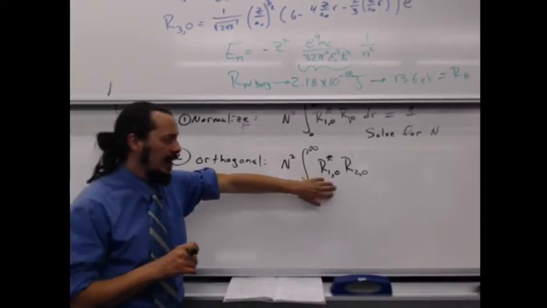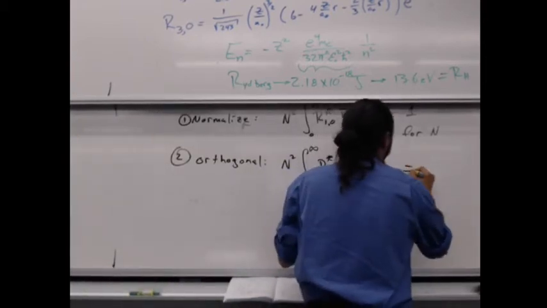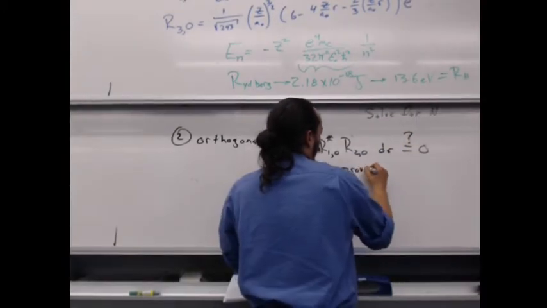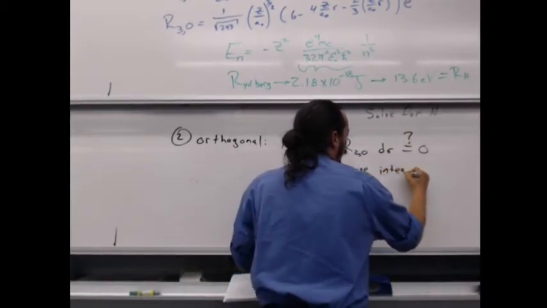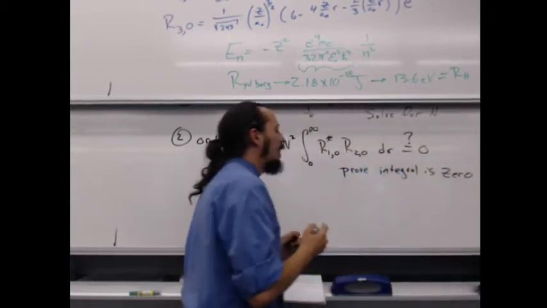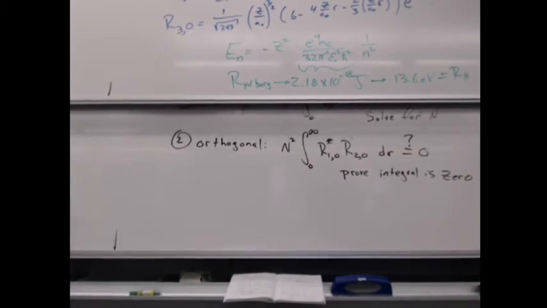So always complex conjugate. dr equals 0. Prove the integral is 0. That's another thing we can do. We've done that quite a bit.